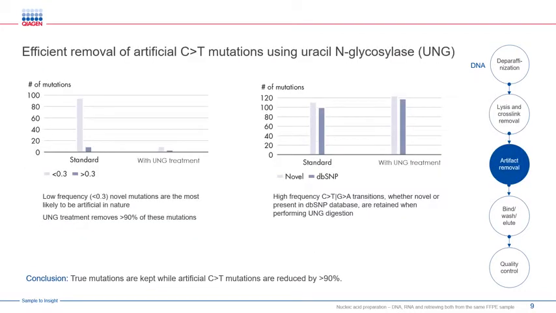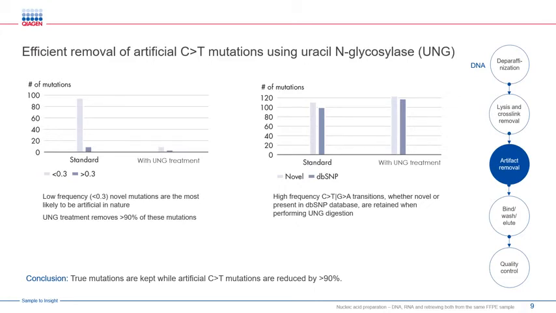Another important complication from FFPE samples is that the formaldehyde fixation and storage can result in deamination of cytosines, and this would eventually result in artificial C to T transitions that can then show up as false positives or false variants, especially when you do sequencing of these DNA molecules.